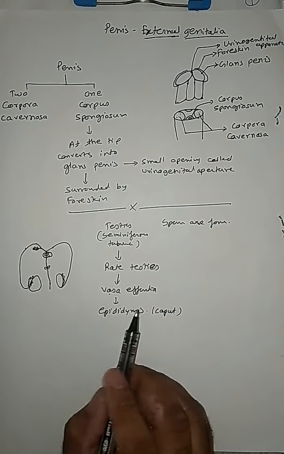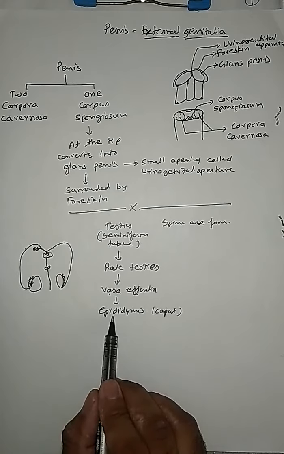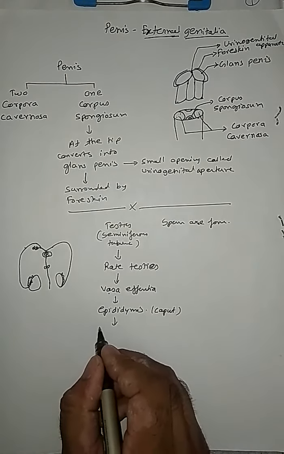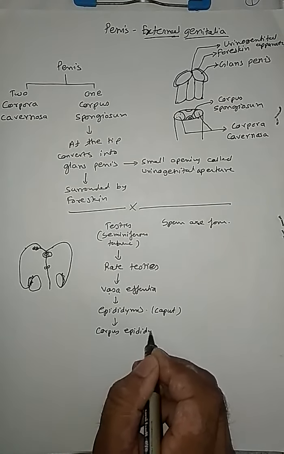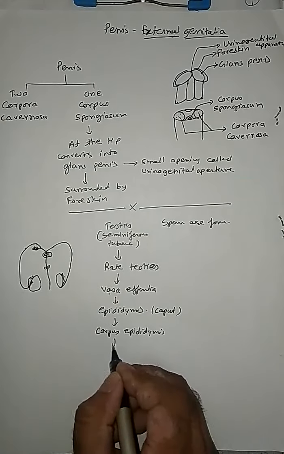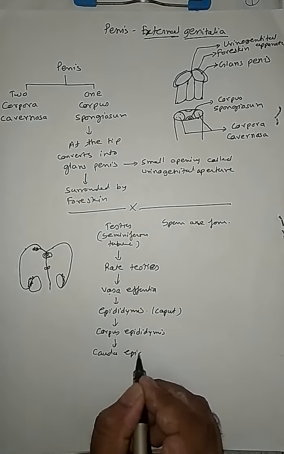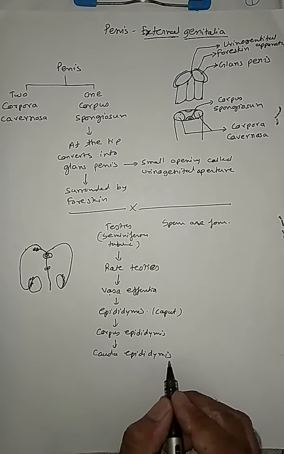This is a very important question. It can be asked in the exam. The vasa efferentia is connected to the caput epididymis, and then it goes to the corpus epididymis, and finally the cauda epididymis.